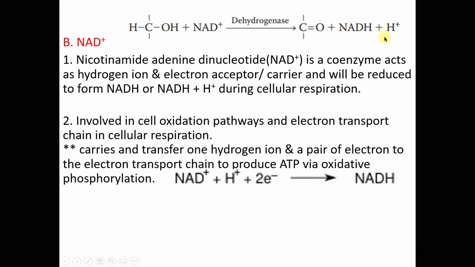So if you're wondering about the excess hydrogen ion here, when this NAD plus undergoes dehydrogenation, meaning this NAD plus will carry one hydrogen ion, like what I mentioned earlier, as well as a pair of electrons, this NAD plus becomes NADH.